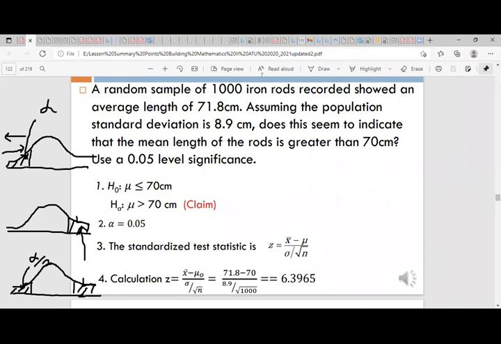So don't forget, we are saying random sample, random sample.